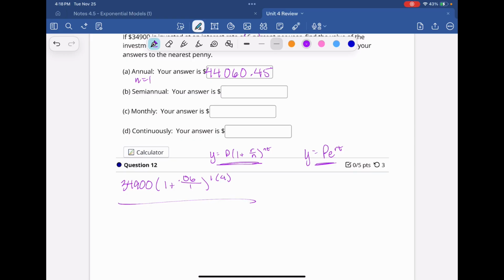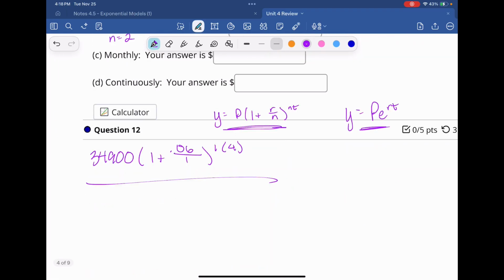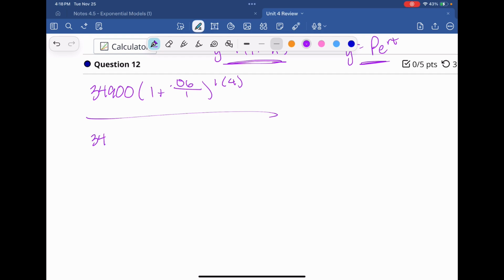And let's see, compounded semi-annually, so this is when n is 2. So effectively the same formula, just changing the n.